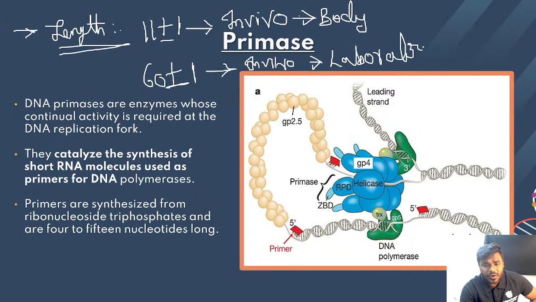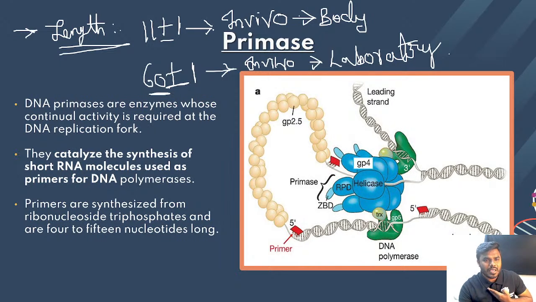If you recall our PCR technique, the first step is denaturation. The second step is what, friends? Once we denature the two strands of the DNA, immediately we start adding the primer. Whenever we add the primer, all of you listen, we will add the primer up to 16 nucleotides. That is in vitro only, in the laboratory.